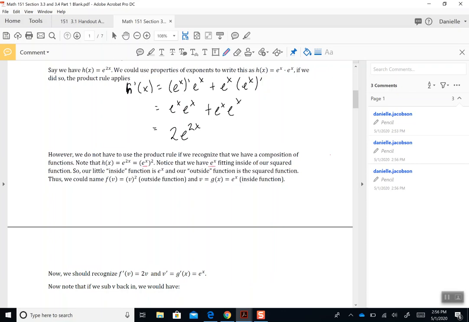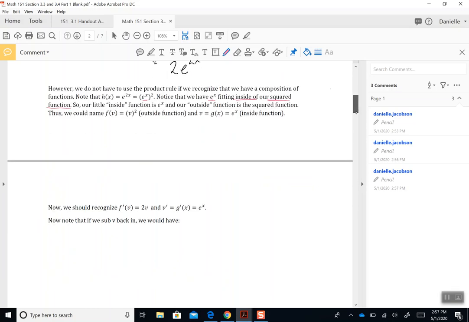So I would say our inside function, or sometimes I call it our little function, is e to the x, and our outside function, or sometimes I call it our big function, is that squared function. I think of big function as parentheses squared, little function as e to the x. Hopefully you can see how those fit.